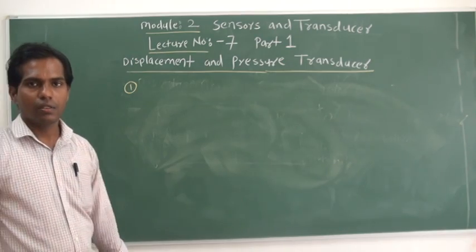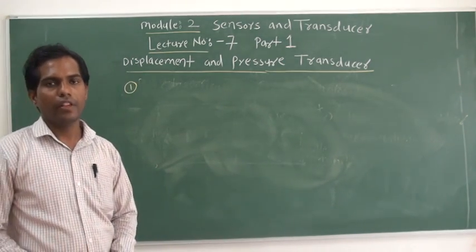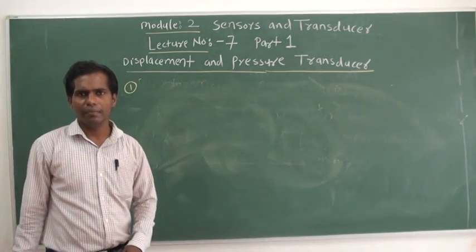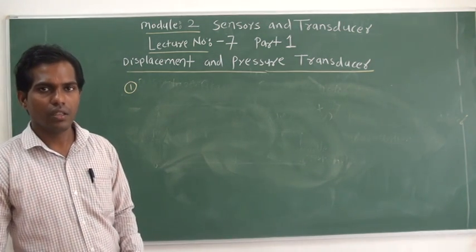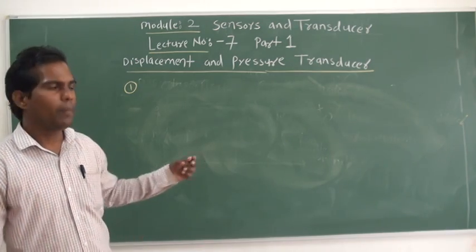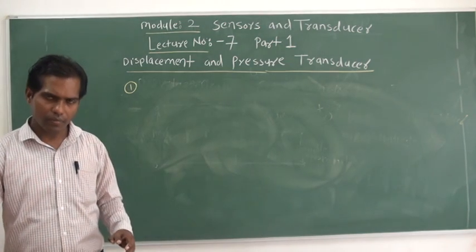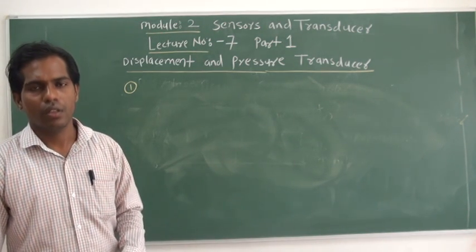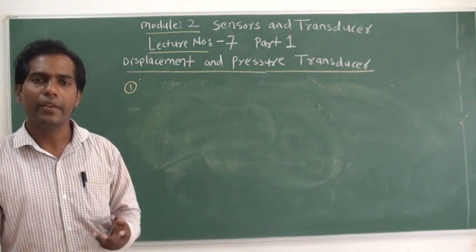In a translation or linear potentiometer, when the input voltage is applied at a fixed terminal, at that time the displacement, which is a variable form, is applied to this sliding contact, and the output voltage is given. So according to the displacement, the output voltage will be variable.